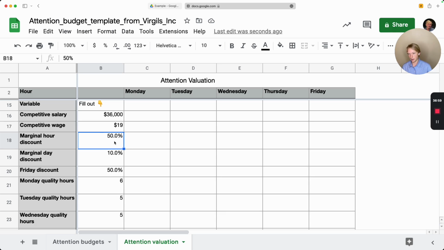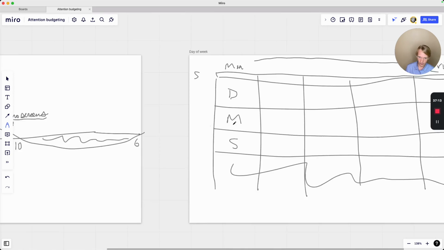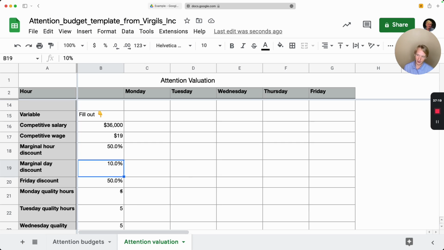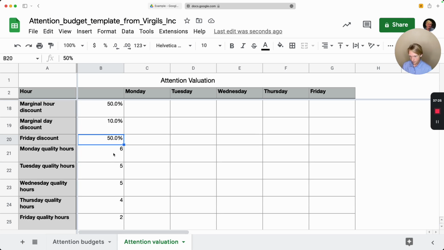So you're able to get 50% less work done for each additional hour that you spend working after your deep work hours are used up. Marginal day discount, so about 10%: I like to think about 10% less value with your attention per day. And then Friday, again, this is based on my experience, but it just drops off a cliff. You're just not really able to get that much done.